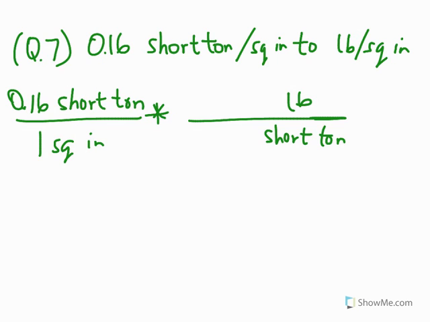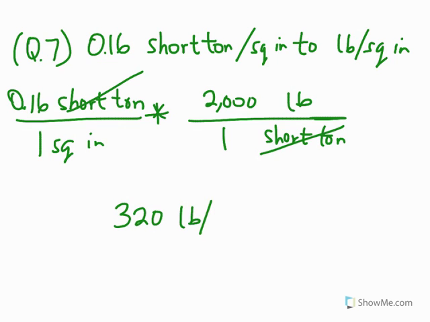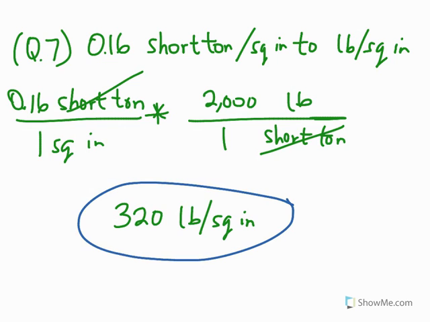So we write the short ton as the denominator. Just take note of that. We see that 1 short ton is equal to 2,000 pounds. So short ton will cross out short ton, and we now have 320 pounds per square inch when we leave it in the same significant digits as the original. Okay?